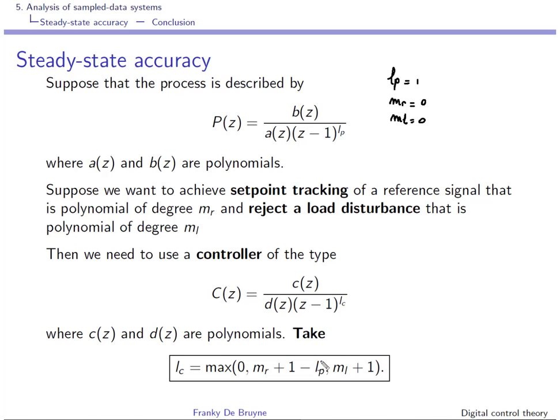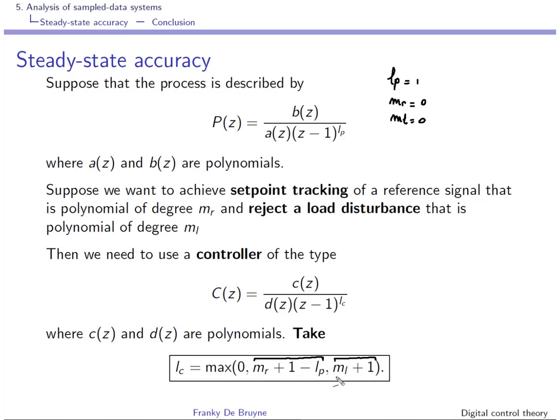According to this formula, you have MR plus 1 minus LP is equal to 0. You do not need an integrator in the controller for the tracking part. That's normal because there is already an integrator in the process. But the second part of the formula tells you that you want to be able to reject a step-like load disturbance.